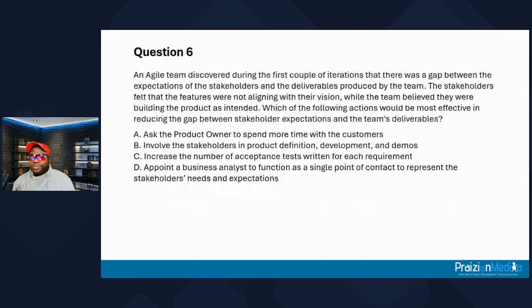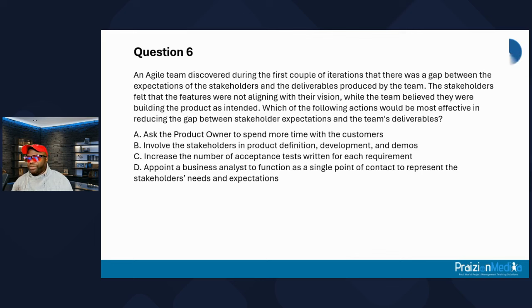Question 6. An Agile team discovered during the first couple of iterations that there was a gap between the expectations of the stakeholders and the deliverables produced by the team. The stakeholders felt that the features were not aligning with their vision, while the team believed they were building the product as intended. Which of the following actions would be most effective in reducing the gap between stakeholder expectations and the team's deliverables?